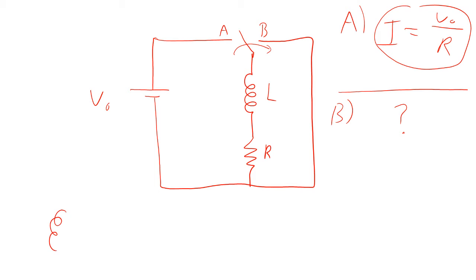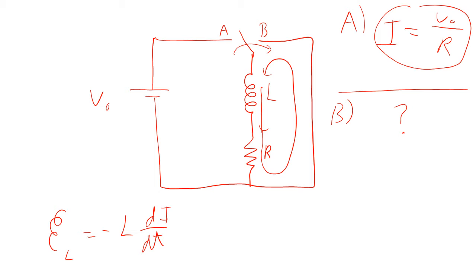The EMF of the inductor is minus L di dt. So it's going to resist any change and temporarily keep the current flowing. In order to get a circuit, the current's going to flow this way. So we want to investigate that current flow.